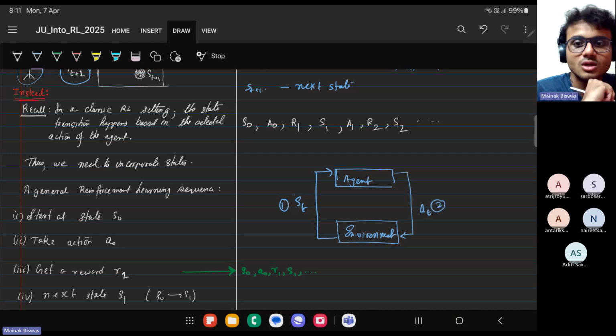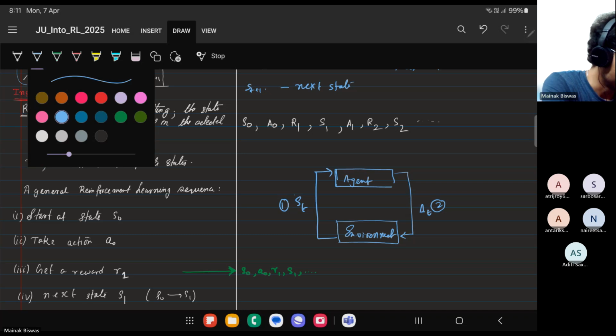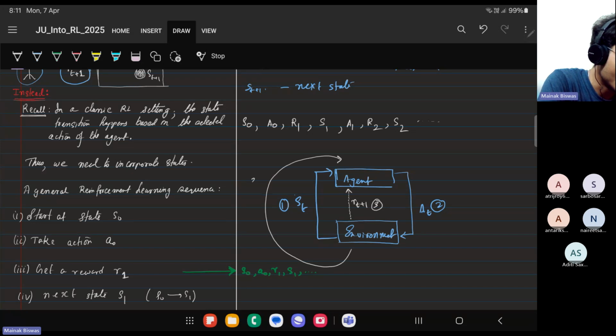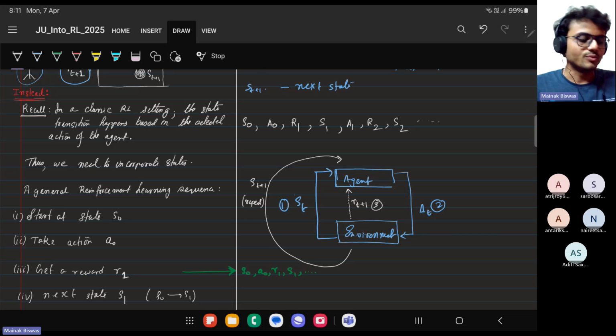This is number two. And then finally, the environment gives you a reward, Rt plus 1. This is number three. And then fourth, it iterates to St plus 1. This is repeat. So every time you take an action, the environment changes its state and gives you a reward. And based on that reward, we have to do a lot of stuff. We'll see how to do that.